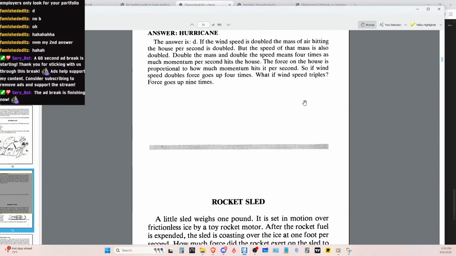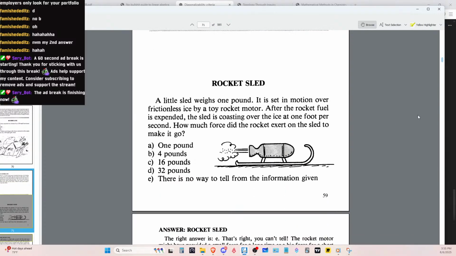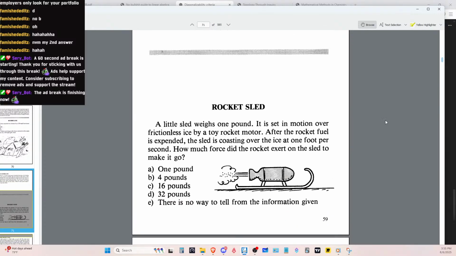Let's see if we can do the other. This one I haven't done. Oh crud. I'm trying my best to block it out of my head, because I feel like I saw the answer. Let's see. Rocket sled.